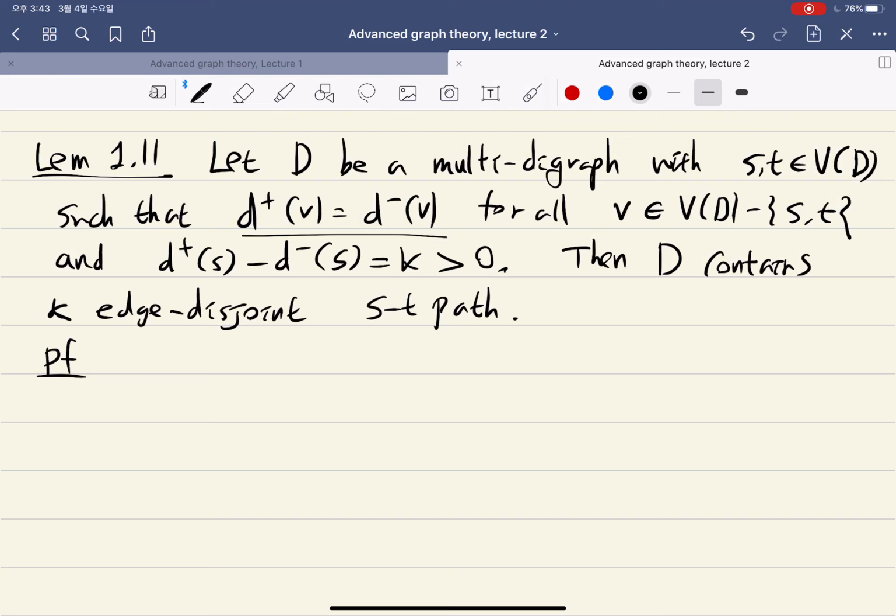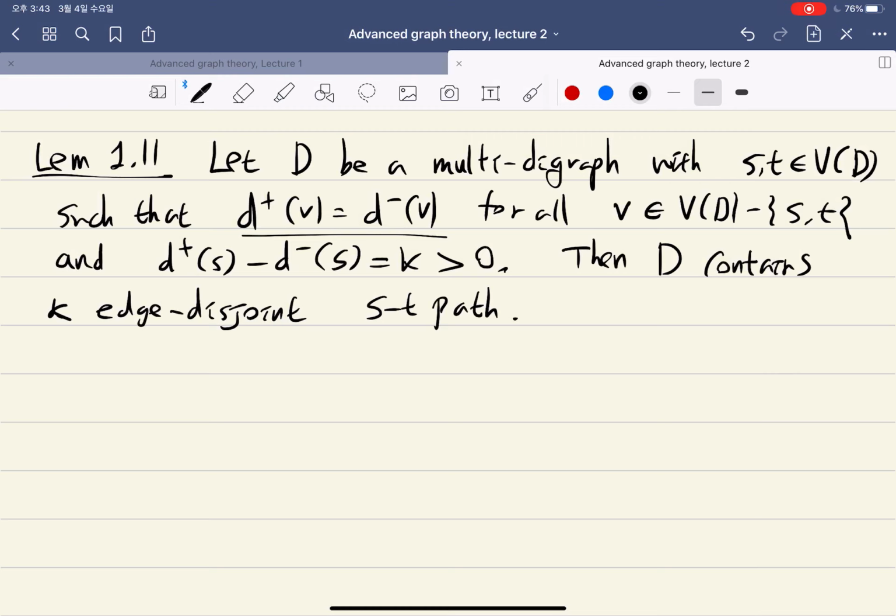So let's just write it. We use induction on k. I think we don't need to really write it down, because I already explained the idea.